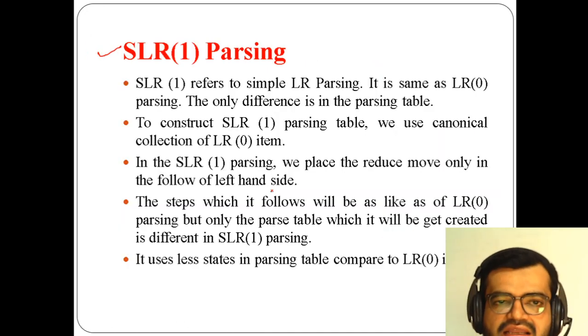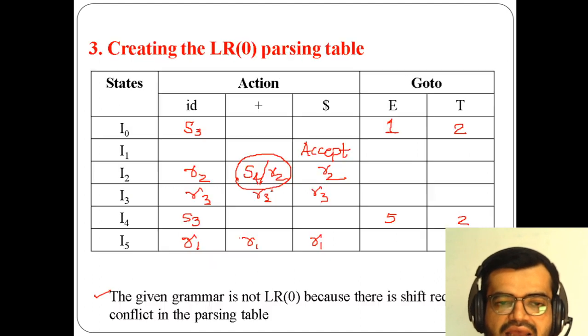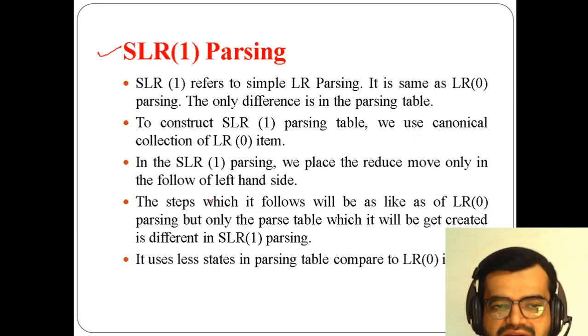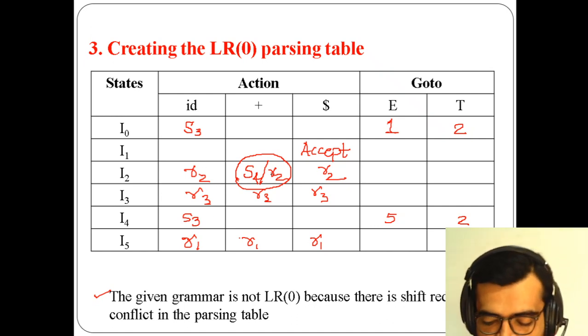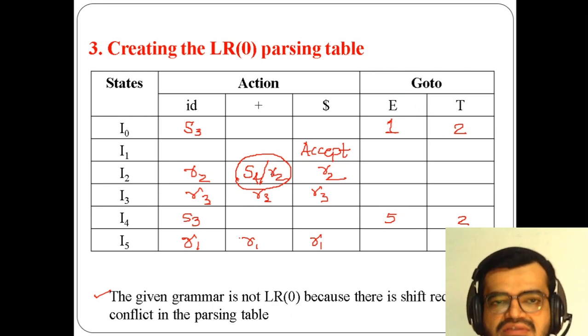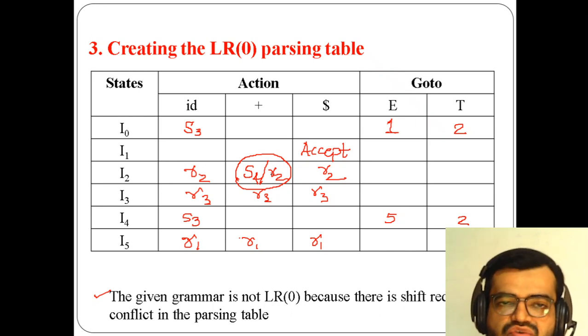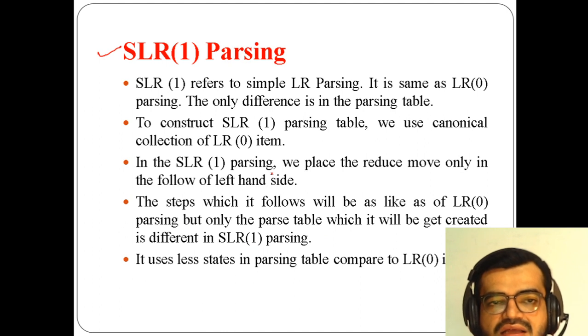But in SLR of 1, that's not the case. SLR of 1 will take fewer entries, and as it takes fewer of them in SLR of 1 parsing, this type of conflict can be reduced. I'm not saying that it will be completely avoided, but it can be reduced. That's why in terms of efficiency I said LR of 0 is the least one, whereas SLR of 1 is comparatively better than LR of 0.